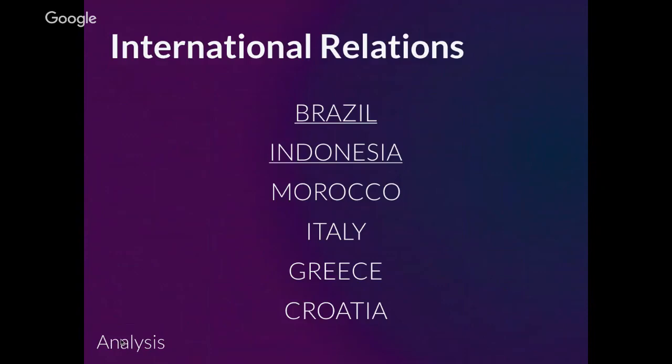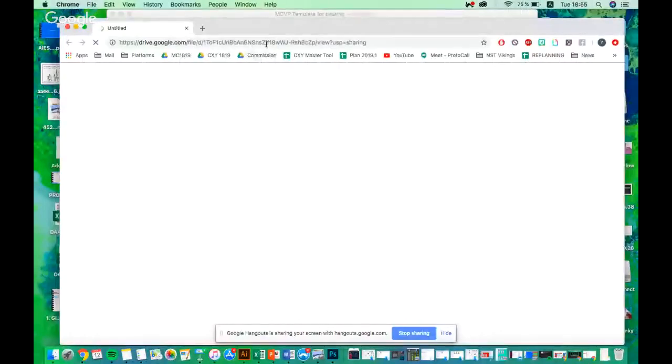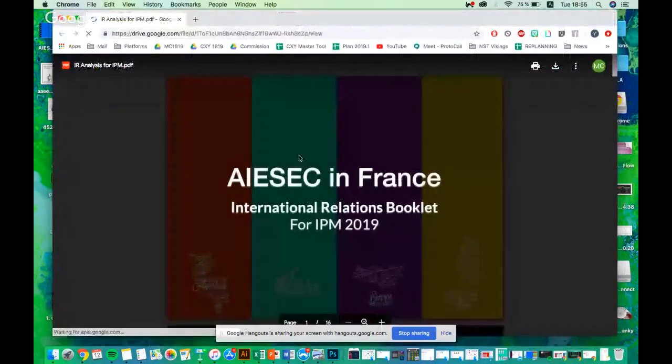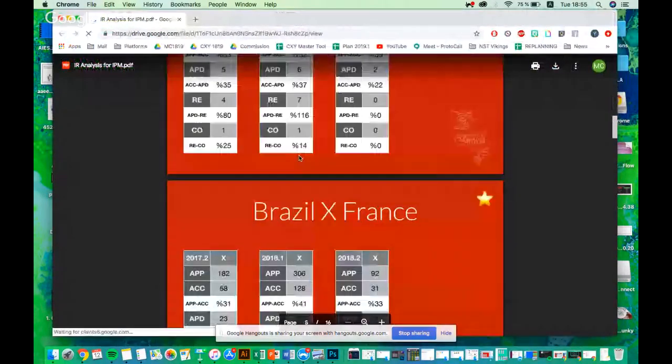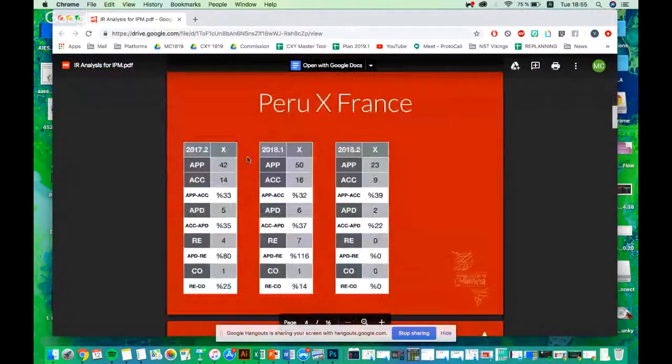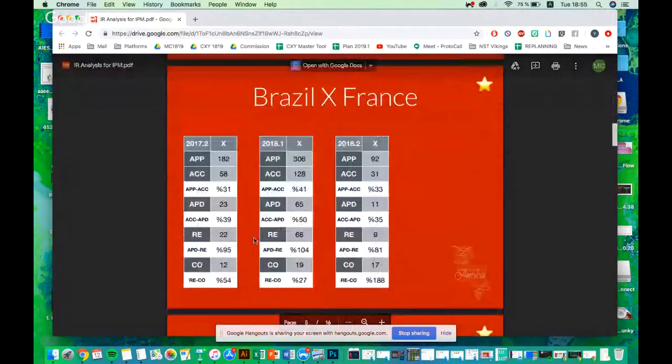If you want to take a look at the state of each one of these entities, you can find a booklet here and see what the state was. For example, with Brazil, you can see applicants, accepted and the conversion rates until completed for the term 17-18 and for the first semester of 18-19.